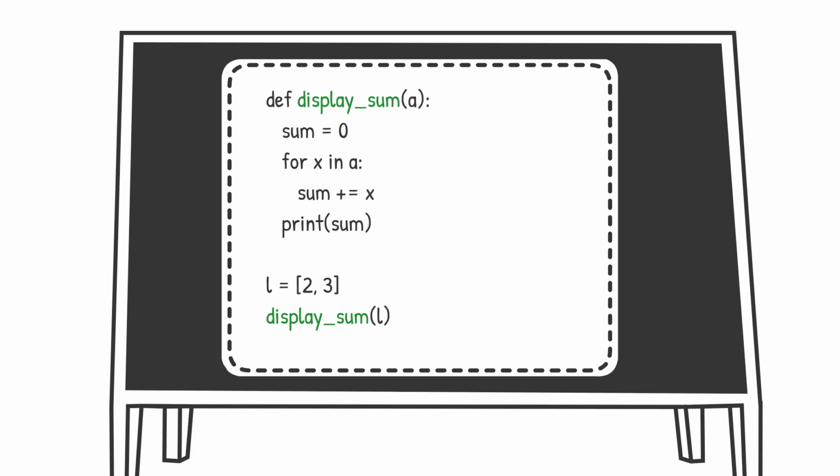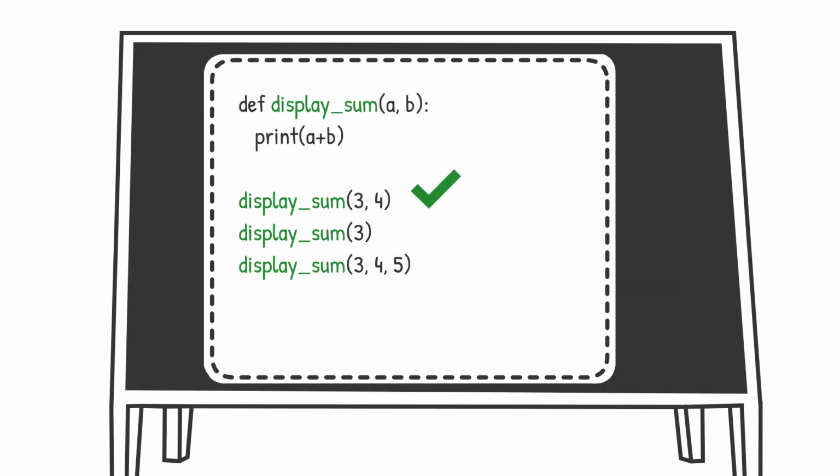Of course, you can also send any complex structure like list, tuple, dictionary, etc., and you can treat them the same inside the function. Here is the same display sum changed to receive a list, and inside the function, you write the code to iterate the list elements and compute the sum.